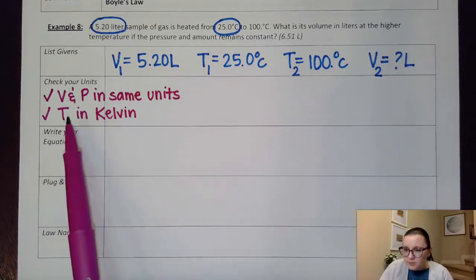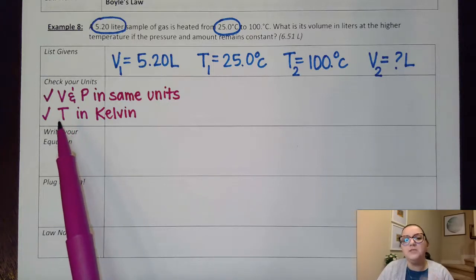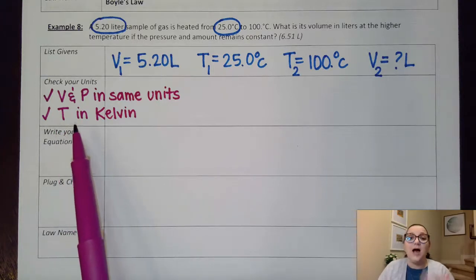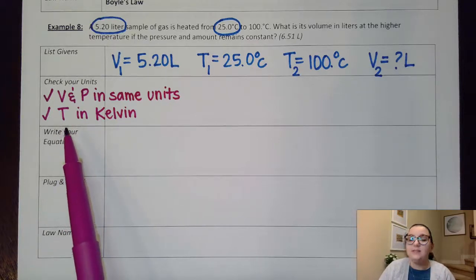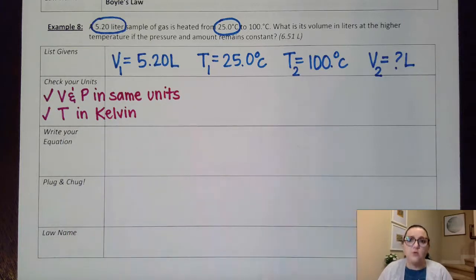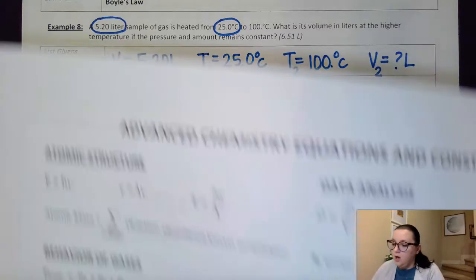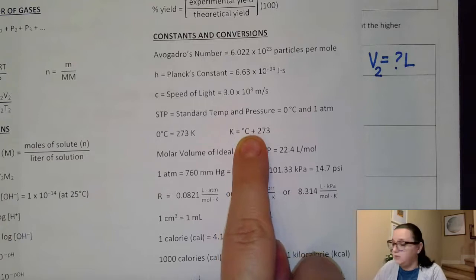Now for temperature, I do need to be aware of the units. Remember, for these proportions to hold true, I need a temperature scale that has no negative numbers. So these temperatures must be in Kelvin, and neither one of them is. If you forget the conversion, don't worry. Your formula chart has Kelvin equals degrees Celsius plus 273.